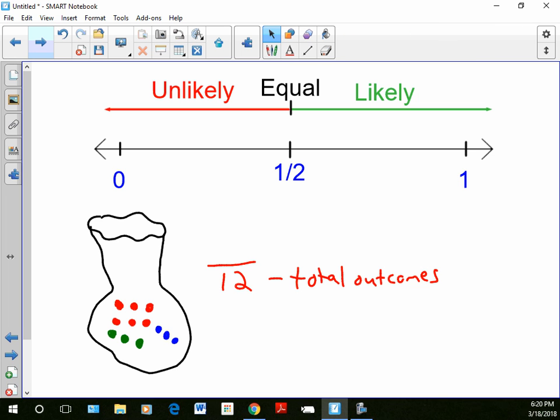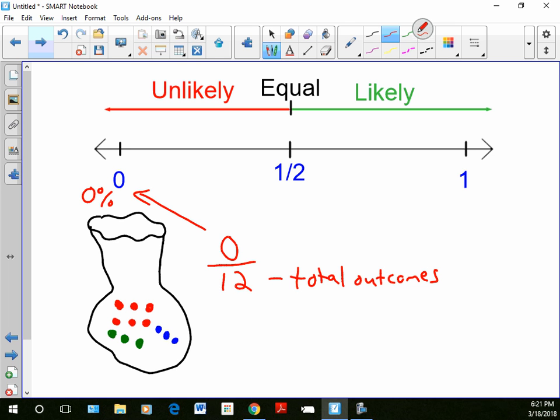Likewise, if I ask you, what is the chance of pulling a purple marble out of that bag? Well, look at the colors. There are 3 blue, 3 green, and 6 red. So the chance of pulling a purple marble out of that bag is 0 out of 12, which is 0% chance of getting what I want.